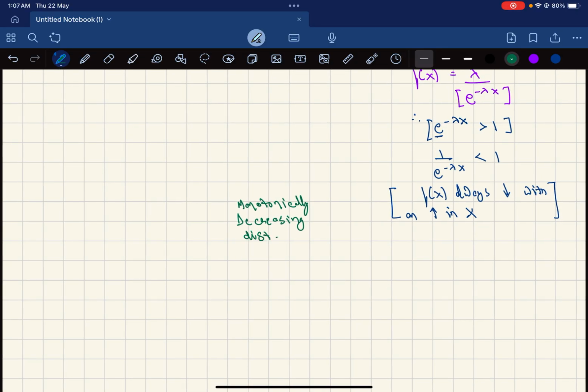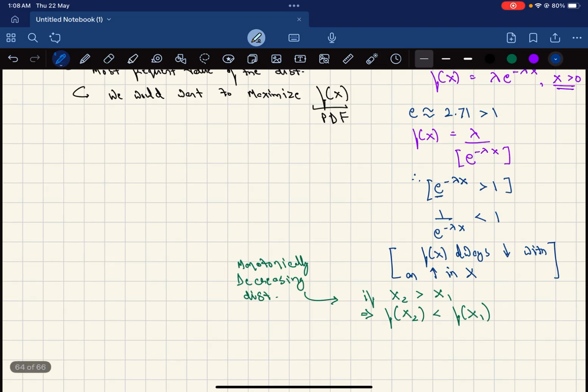So what does a monotonically decreasing distribution mean? It means if x2 is greater than x1, then f(x2) has to be always less than f(x1), which is the case here, because as we keep on increasing the value of x, the value of f(x) always decreases.